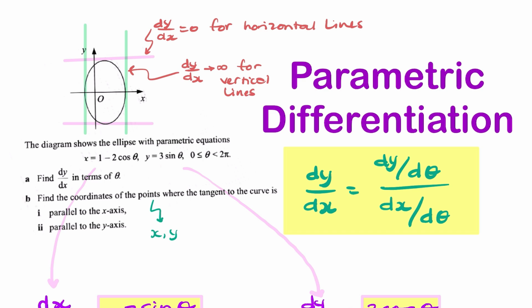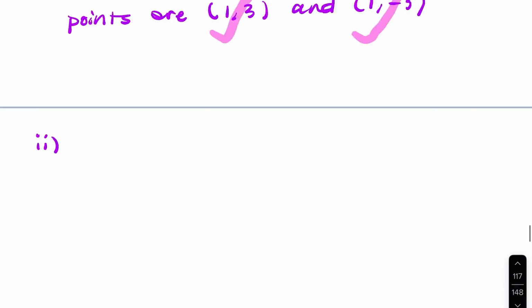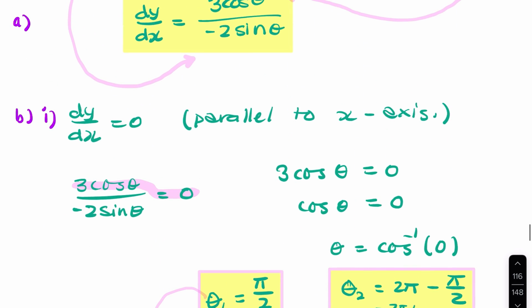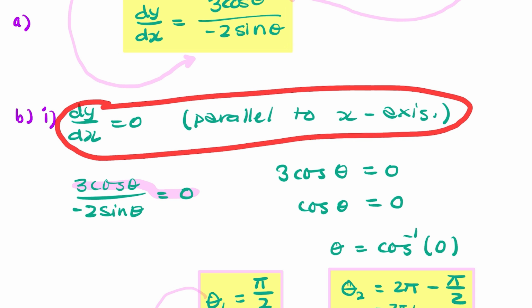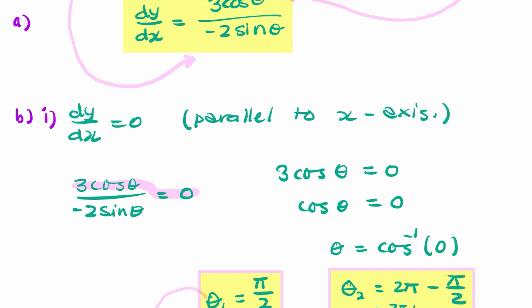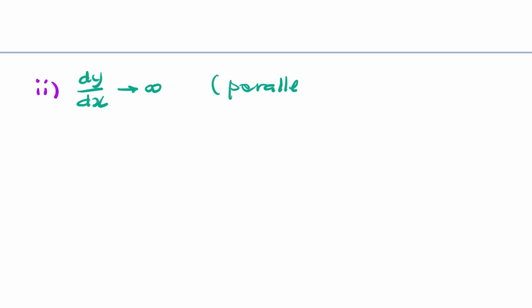So we can say, just like we said here, dy by dx equals 0, I'm going to say dy by dx is undefined, parallel to the y-axis.